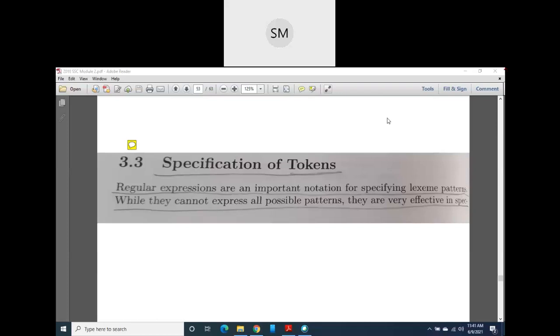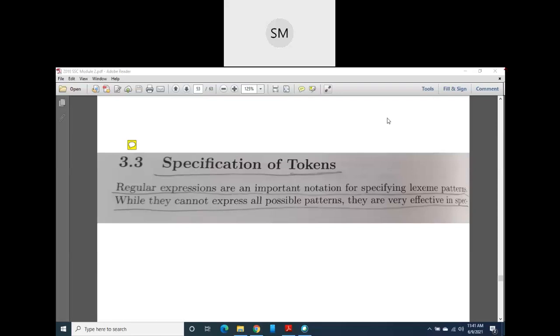Before tokens, from where did you get these tokens? From lexemes, correct? And for lexemes, which help have you taken? You have taken the help of some patterns, right? Those lexemes should match those patterns. The pattern definition, lexeme definition and token definition I already told you yesterday, right?